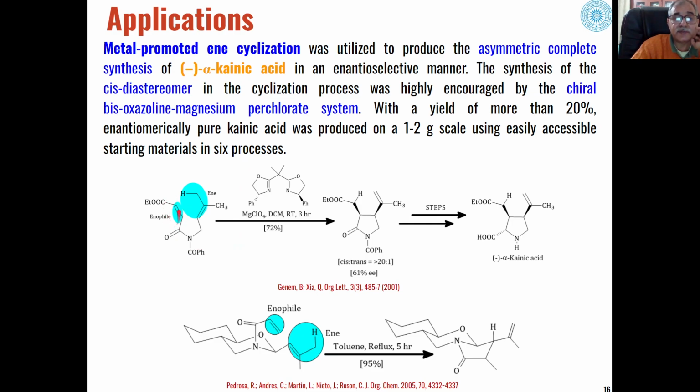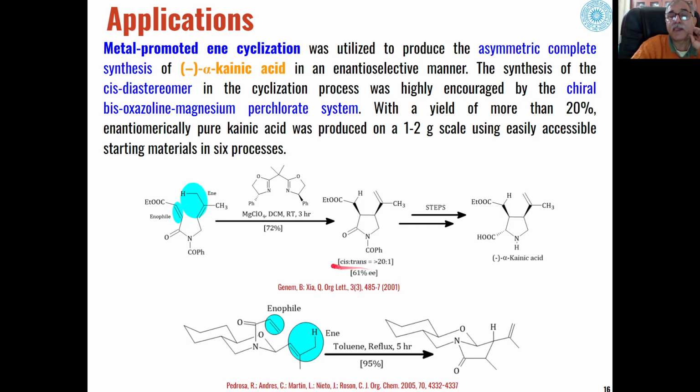For example, this part of the molecule acts as enophile and this part acts as ene, and in presence of a chiral catalyst, that is bisoxazoline magnesium perchlorate system, they react in situ to give us a catalyst which catalyzes this metal promoted intramolecular cyclization to give us these types of chiral products.